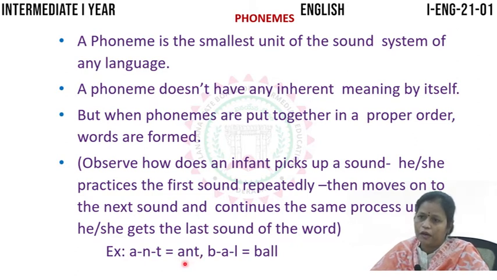A boy or girl first of all practices the first sound a, next moves on to n, and then moves on to t. Once he gets all the sounds a, n, and t, he will get the complete pronunciation of that particular word. So that is ant, and he comes to know that it has to be pronounced as ant.